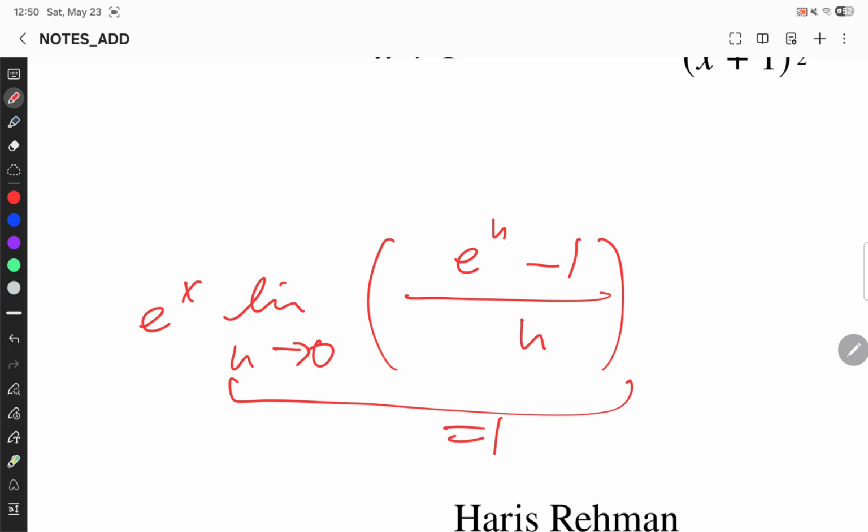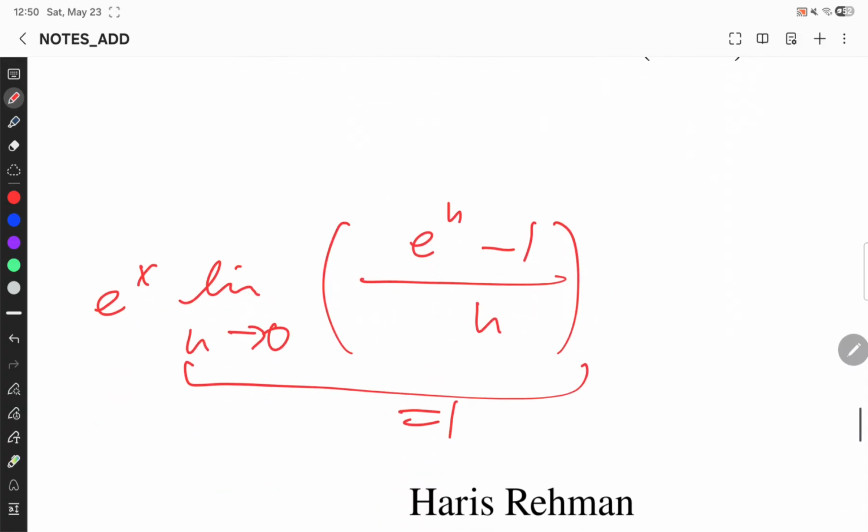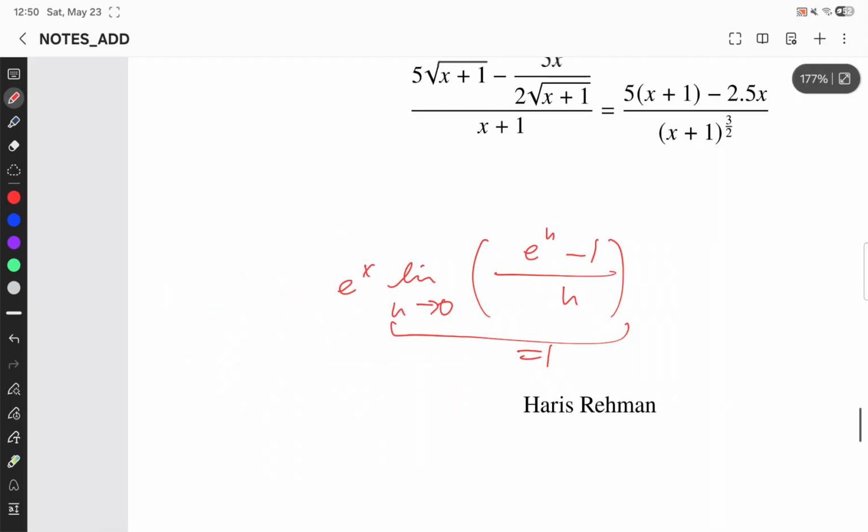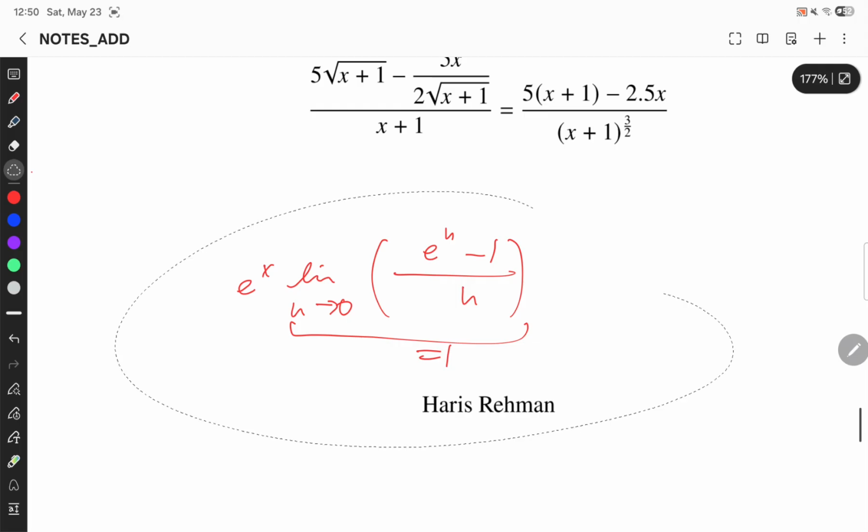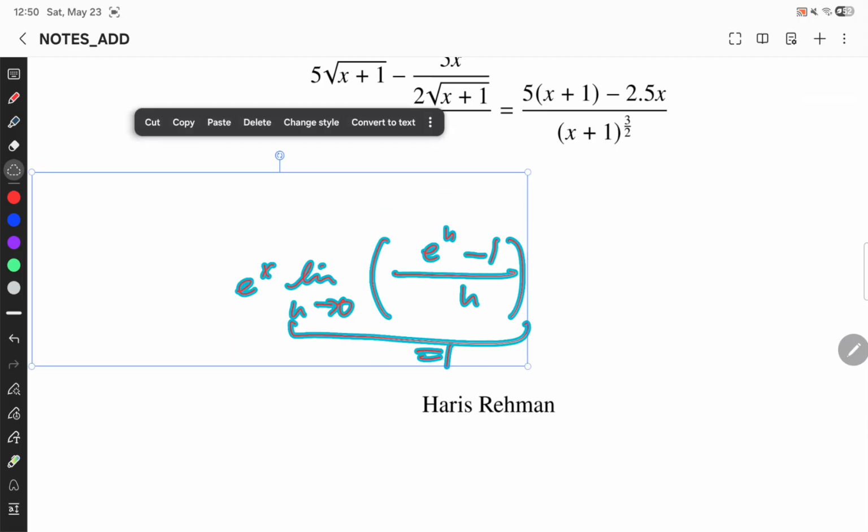Factor out e, divide by e, this, that. The first term of this would be 1 minus 1, so the first term is h divided by h. The first term is 1. Set everything else to 0. This will be 1. And so e to the x times 1 is what? e to the x. And finally we prove this also.